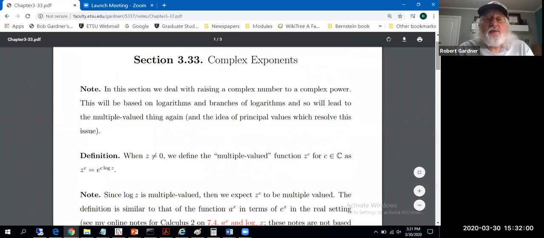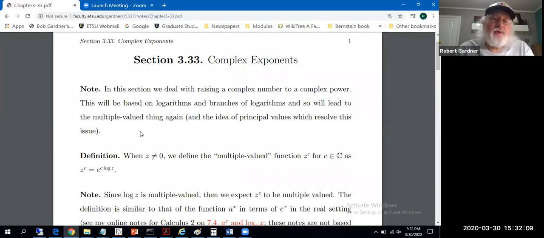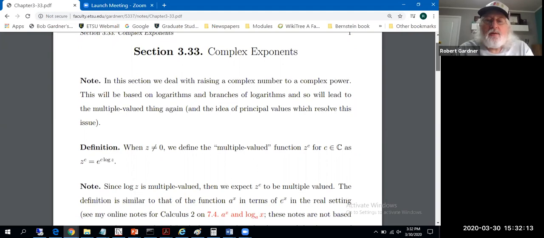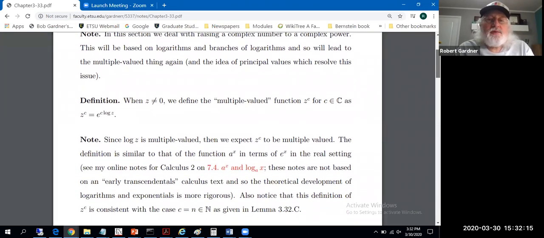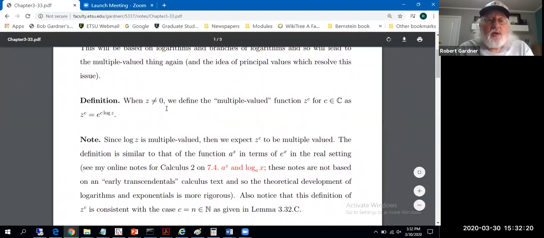So the plan is to base raising numbers to complex powers on logarithms, branches of the logarithms. Multiple valued stuff will come to bug us again. So first, we'll define for non-zero complex number z, the multiple valued function z to the c, where c is a complex number, as z to the c equals e to the c log z.